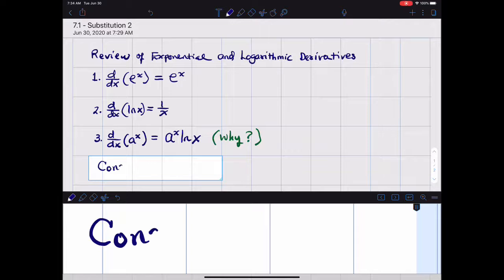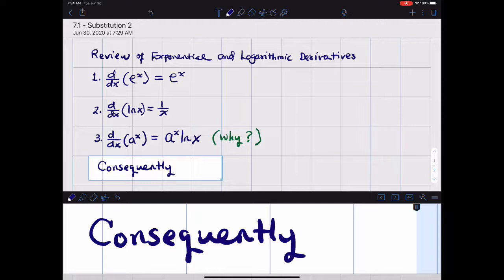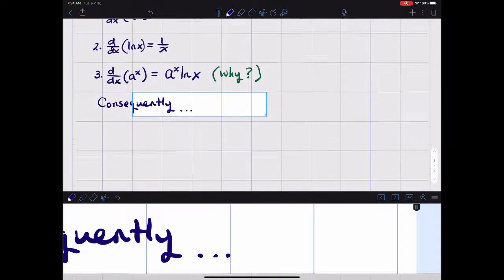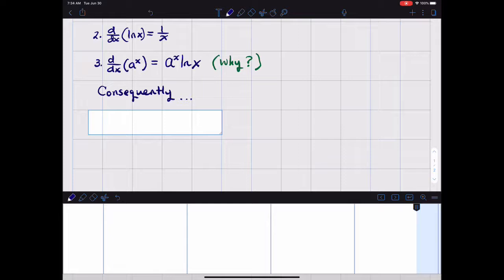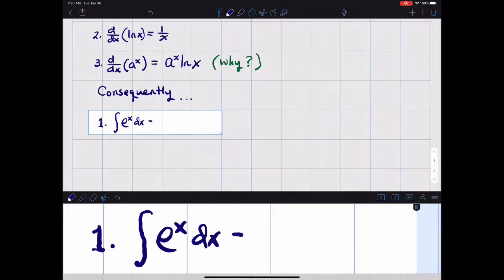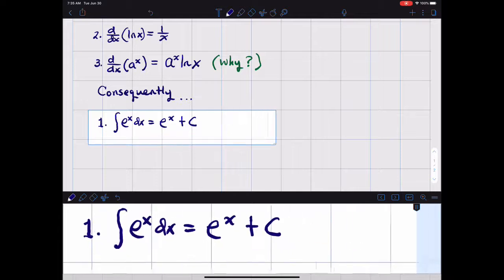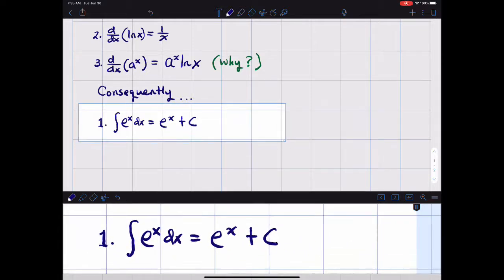So consequently, the integral of e to the x dx is just going to be e to the x plus c. All right? So remember this, the integral of e to the x dx is e to the x, and this is because the derivative of e to the x is e to the x.